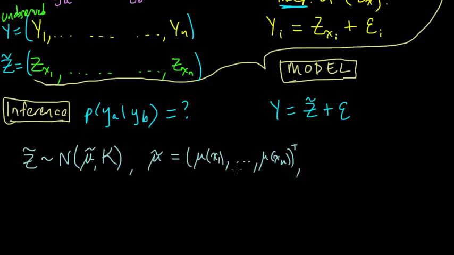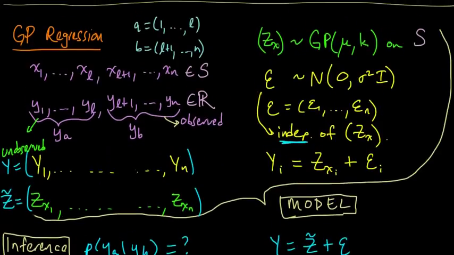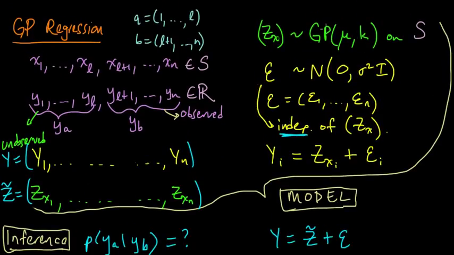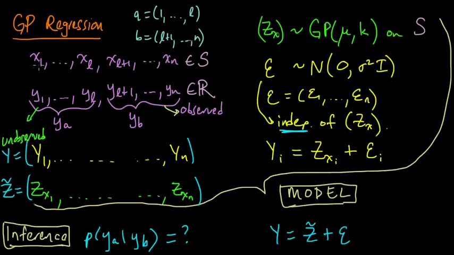And what's the K matrix? What's the covariance matrix of this z tilde? Well, it's just using the kernel, the covariance function of this Gaussian process. It's just K evaluated at the pairs xi and xj.